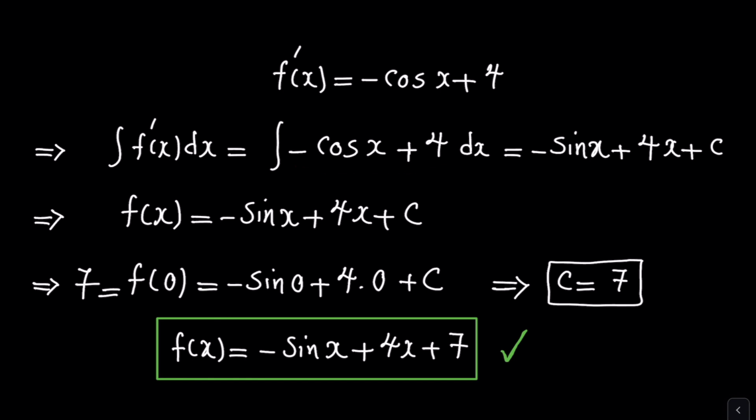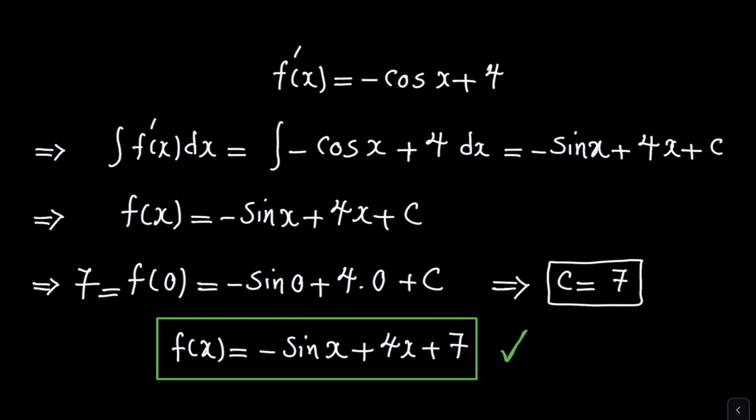I put the minus sign aside. Integral of cosine is sine. This is again one of the formulas that we saw earlier today. And the integral of 4 is 4 times x, because if I differentiate 4x, I will get 4. And you can add any constant c.